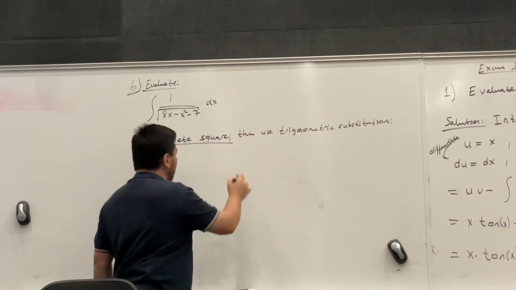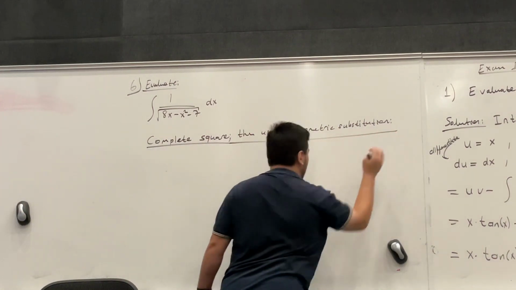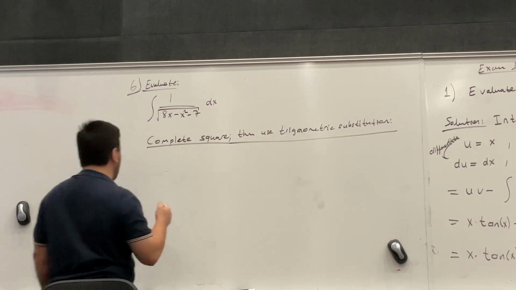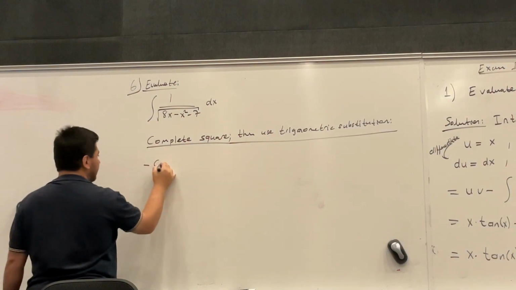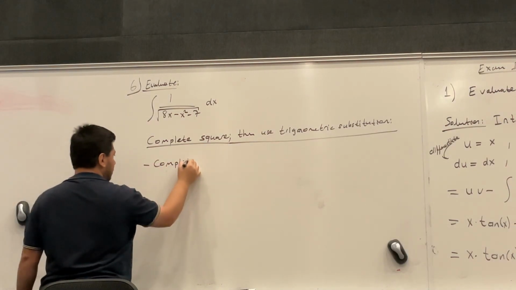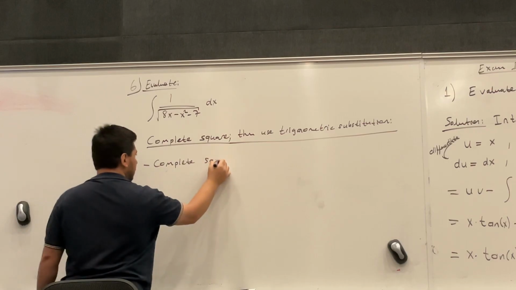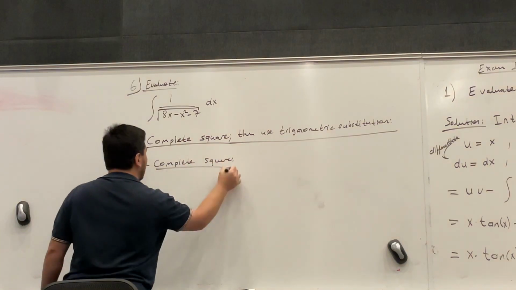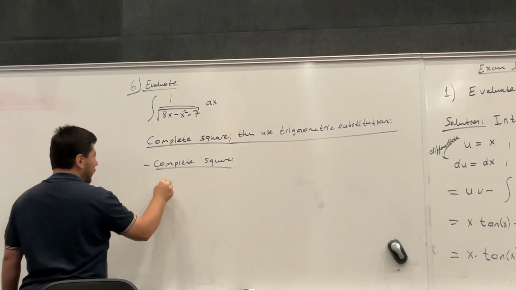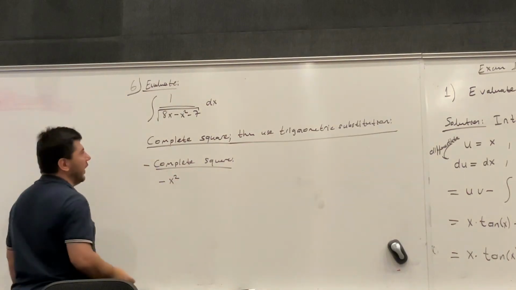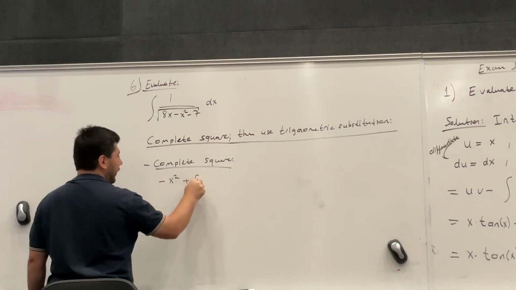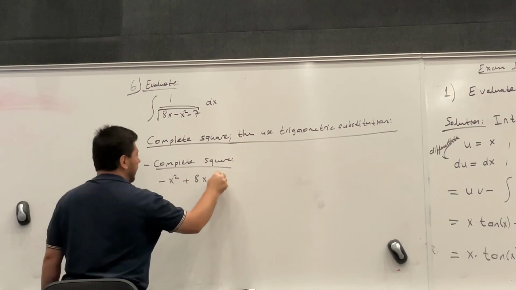First, I'm going to complete the square. The expression here is minus x squared plus 8x minus 7.